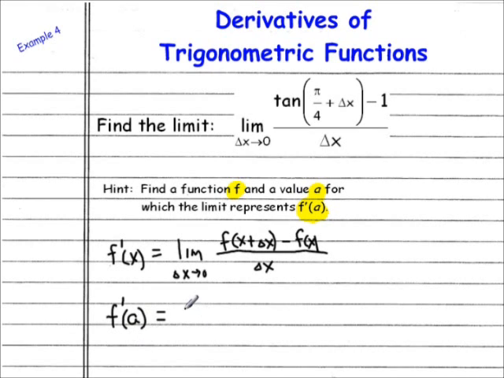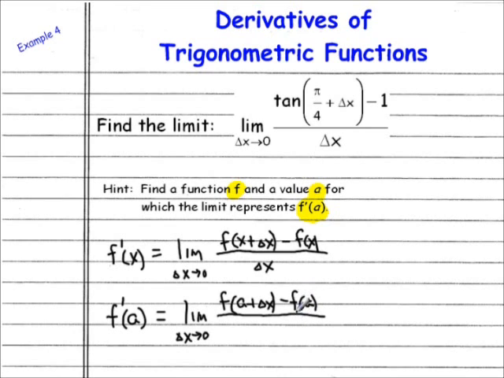This is a specific value, and that's the same limit we had above, except we don't have the variable x in it. That is, it would be the limit as delta x approaches 0 of f of a plus delta x, and a is a constant, minus f of a, which just is going to be a number.